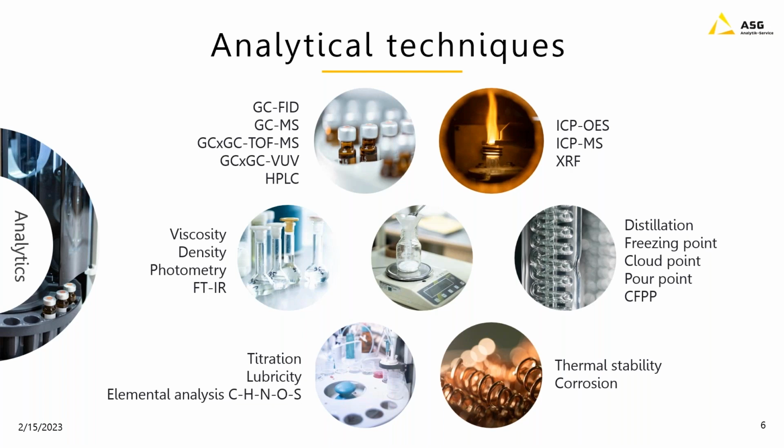Another point is thermal stability properties and corrosion properties, which can be measured by different techniques. Furthermore, of course, we have the possibility to do titrations, acids or water or whatever, lubricity measurements, or measurement of elemental analysis, carbon, hydrogen, nitrogen, oxygen, and sulfur, of course.